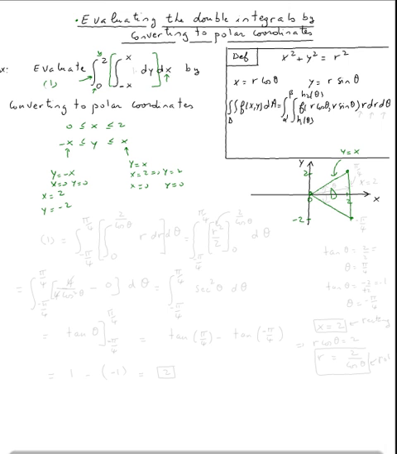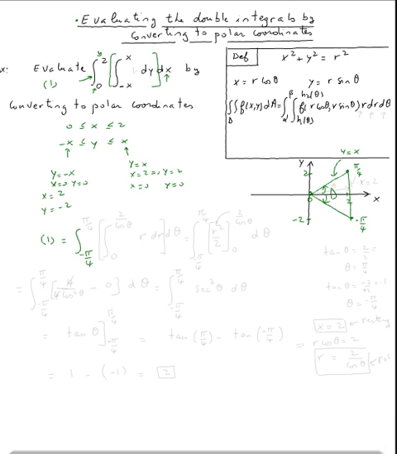Alright, so let's call this integral 1. Now this is going to be a little bit harder. I know my theta will go from negative pi over 4 to pi over 4.